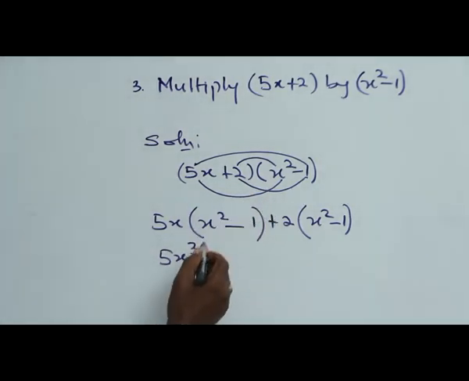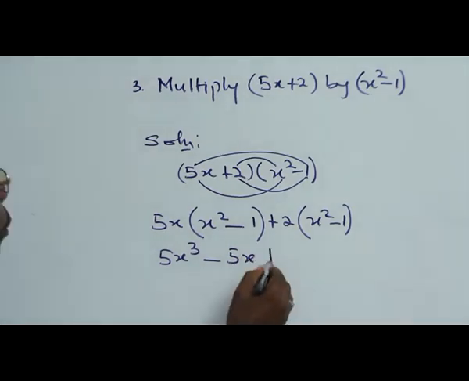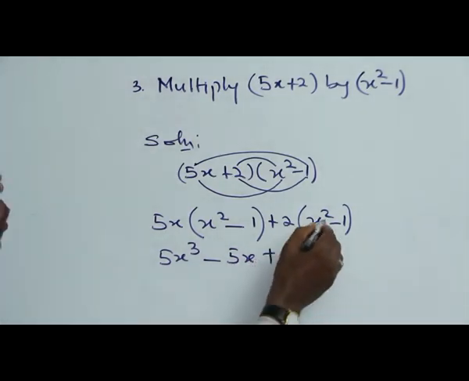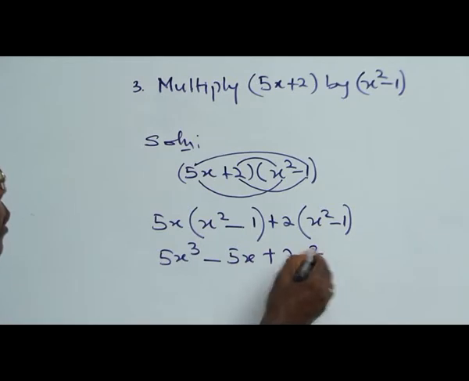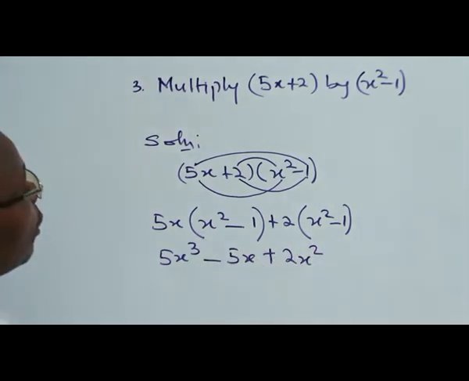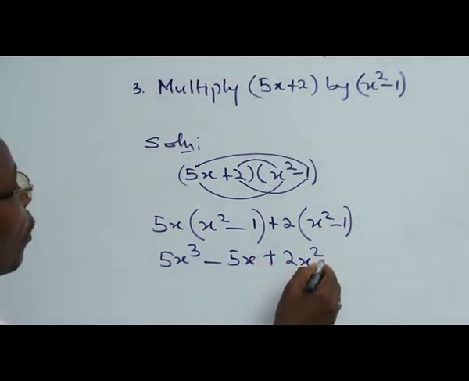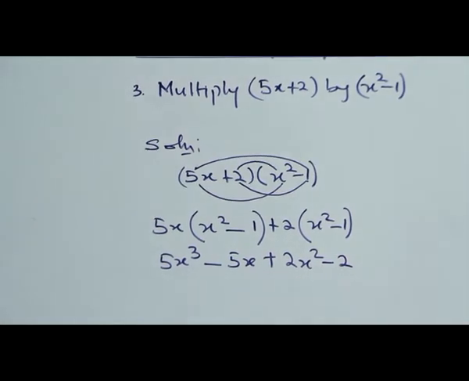Then we now have minus 5s times 1, which is 5s. We now have plus 2s squared, and then we have 2 again, multiplying minus 1, which is minus 2.